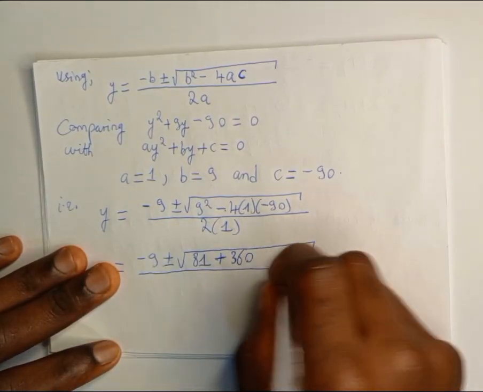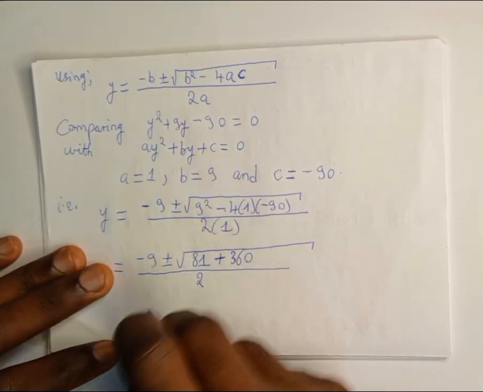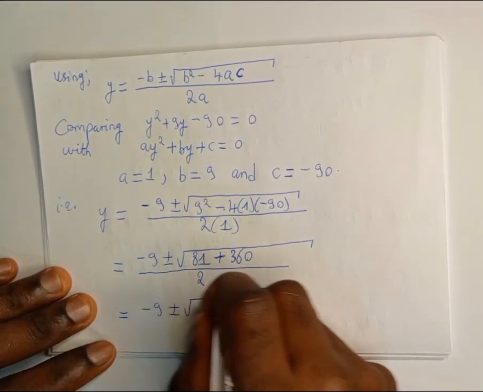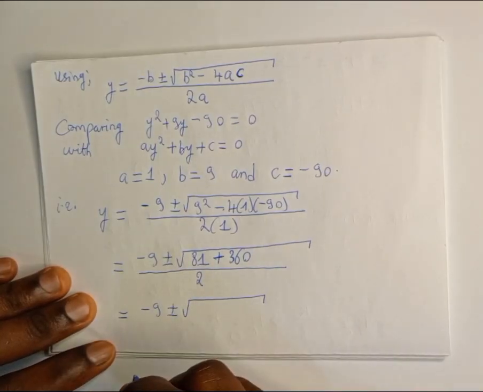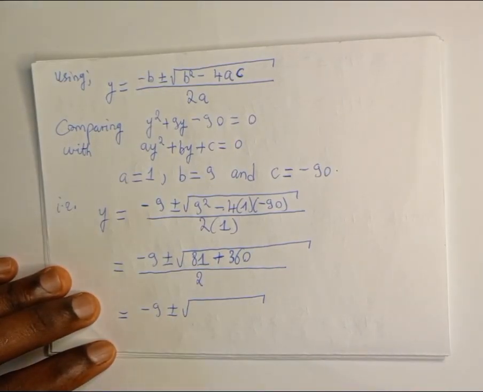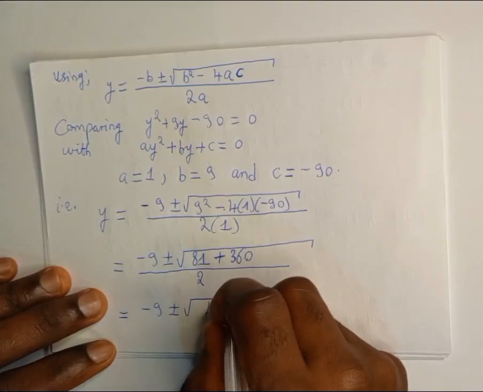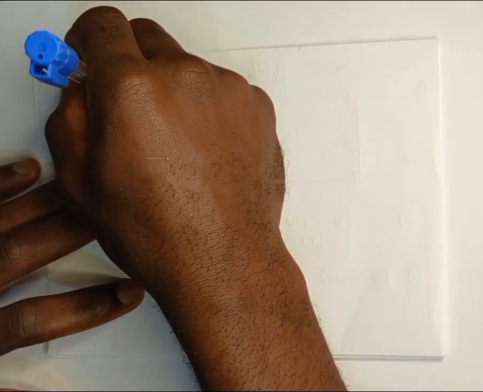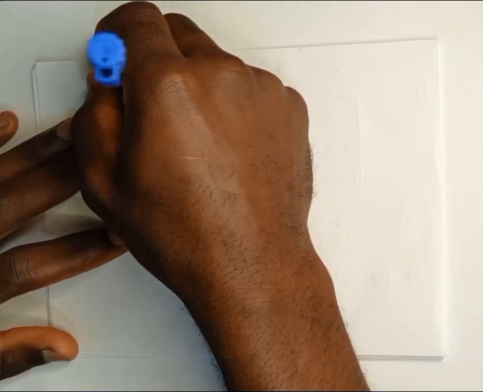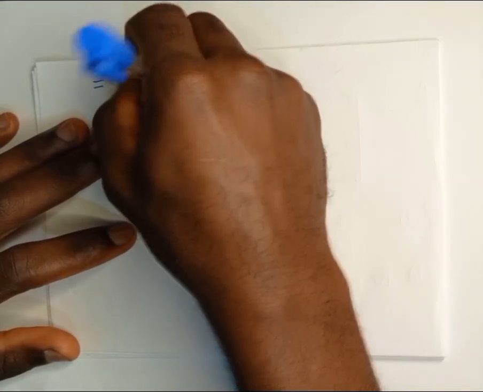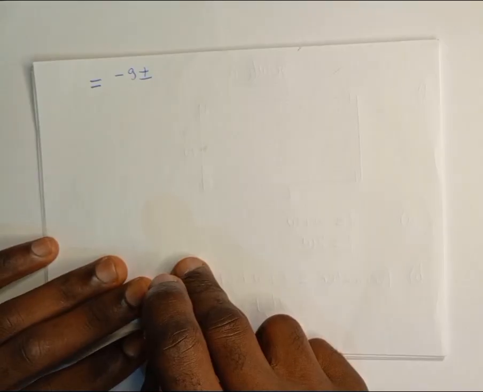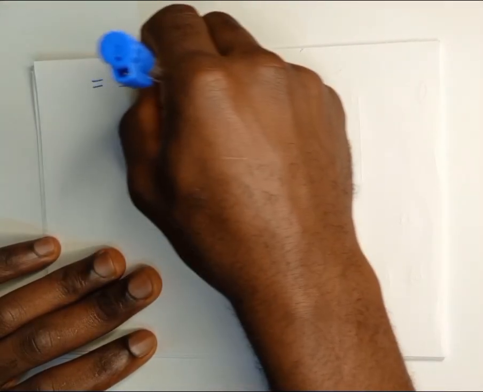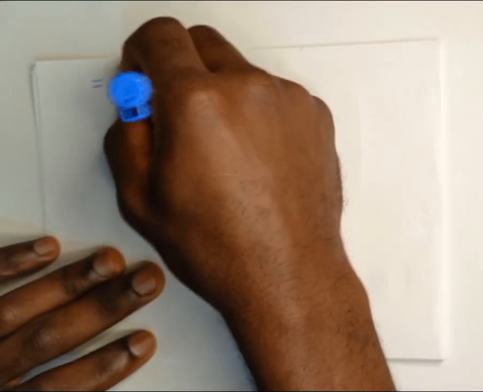We divide by 2 times 1, which is 2. This will simply be equal to negative 9 plus or minus the square root of 81 plus 360, which gives us 441, all over 2. This will simply be equal to negative 9 plus or minus the square root of 441, which is 21, all over 2.